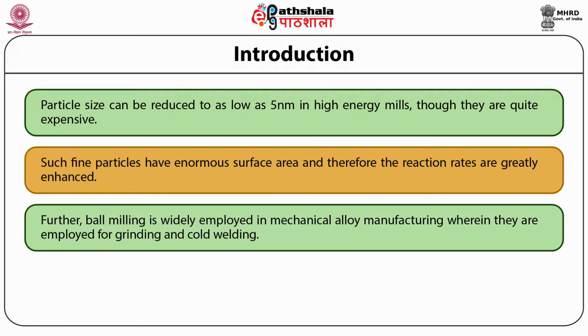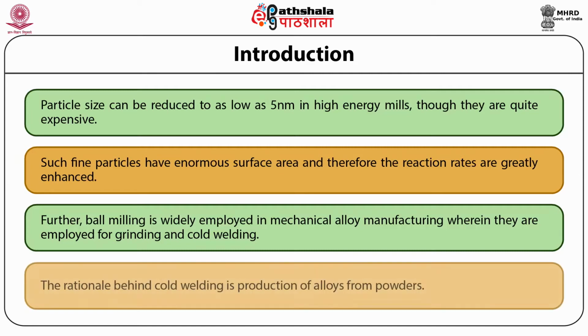Further, ball milling is widely employed in mechanical alloy manufacturing, wherein the mills are employed for grinding and cold welding. The rationale behind cold welding is the production of alloys from powders.